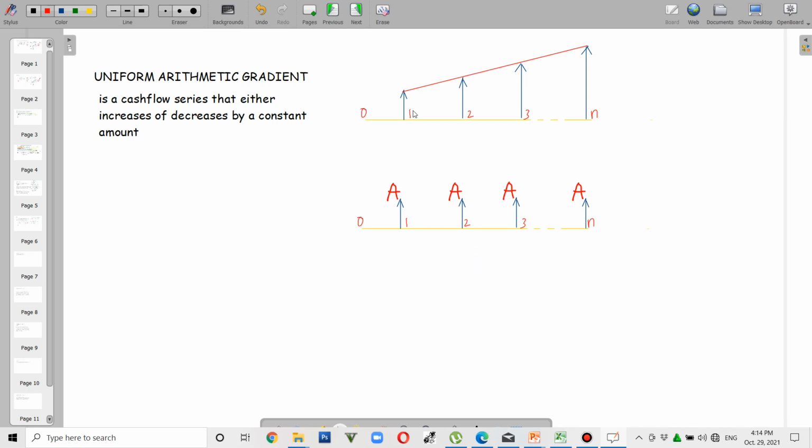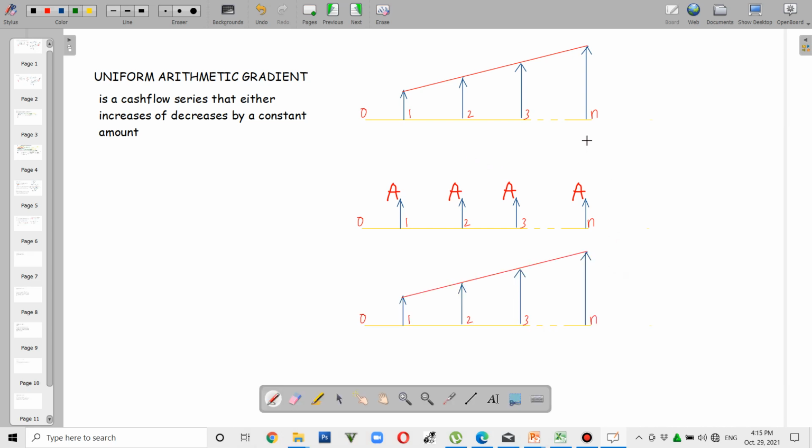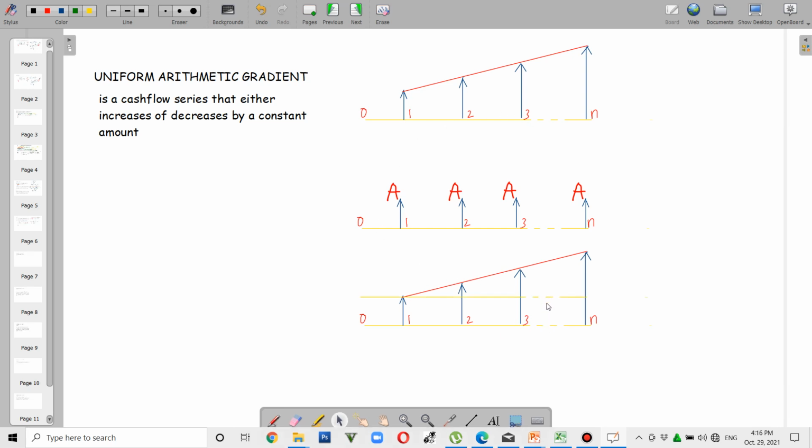And that annuity, sabi nga natin, yung pinakamababang value dito. Madadagdagan na lang ng gradient o yung tinatawag na uniform gradient. So from this cash flow, itong original, iangat lang natin yan. Then taas natin yung period, then yan na ang kanyang magiging gradient.